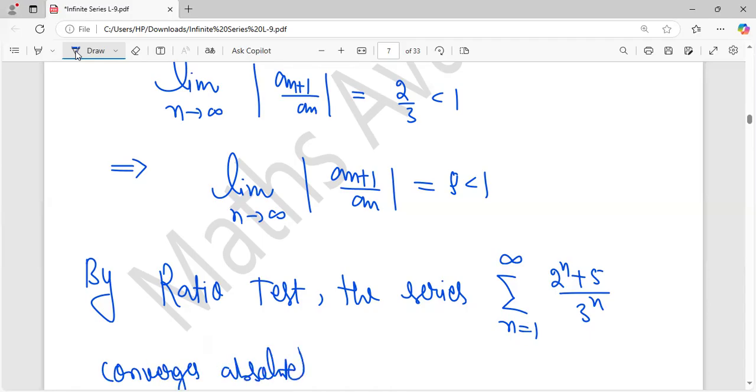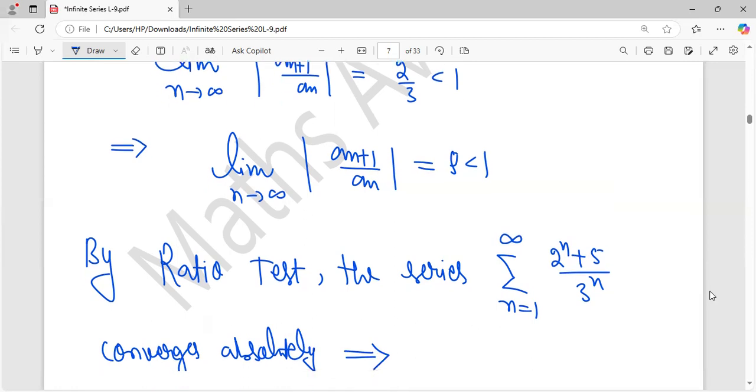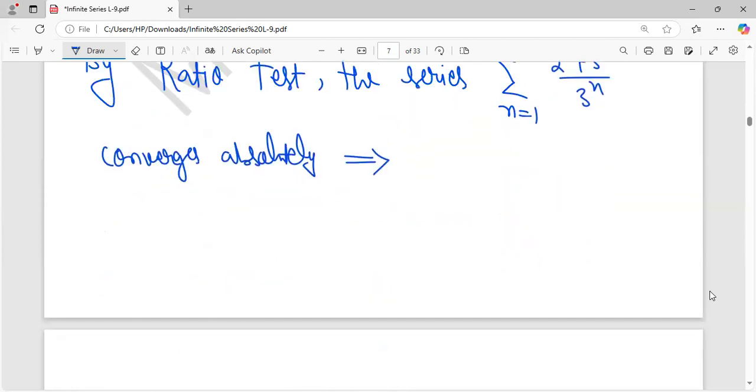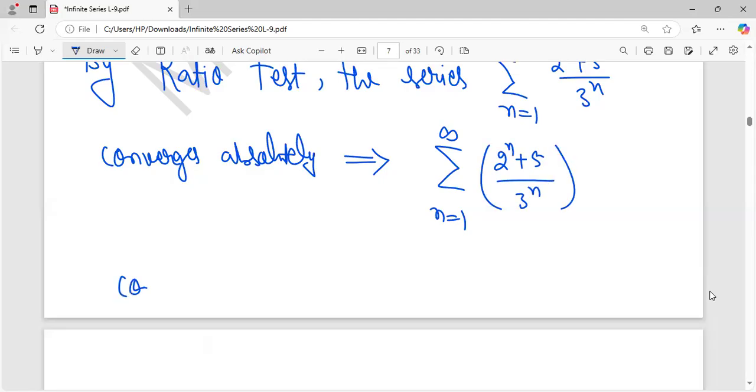If a series converges absolutely, this implies the series converges. Absolutely convergent series is convergent. So this series converges. Okay.